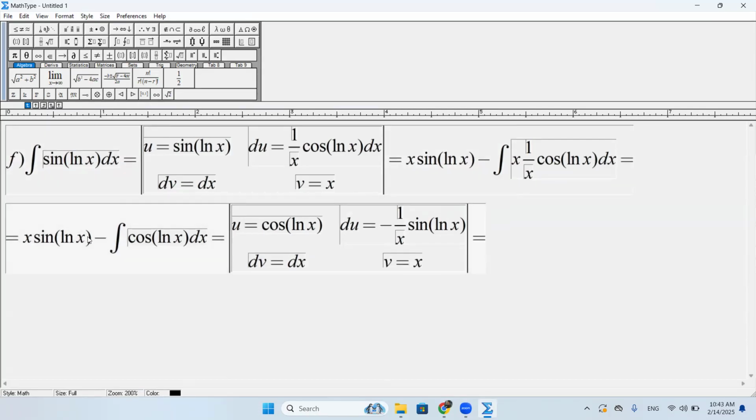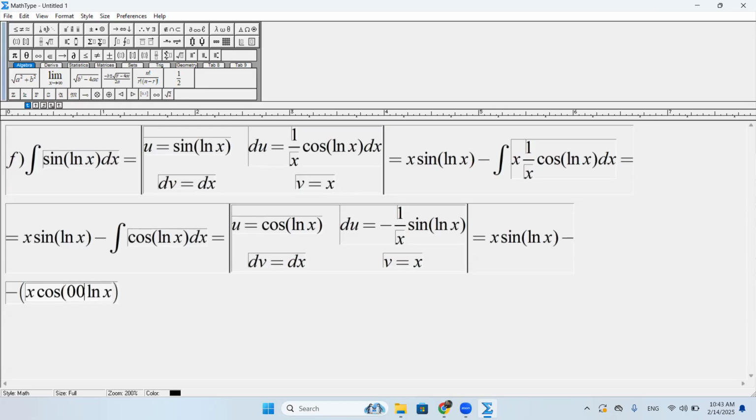So continuing the calculation. uv, so x multiplied by cosine of logarithm of x.